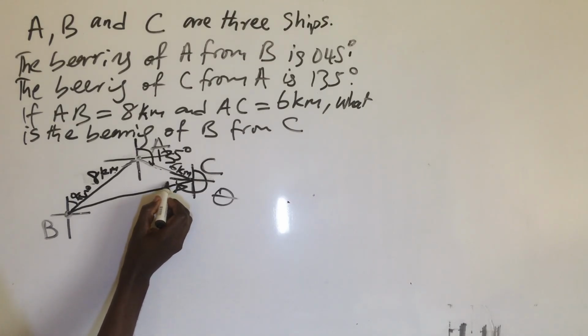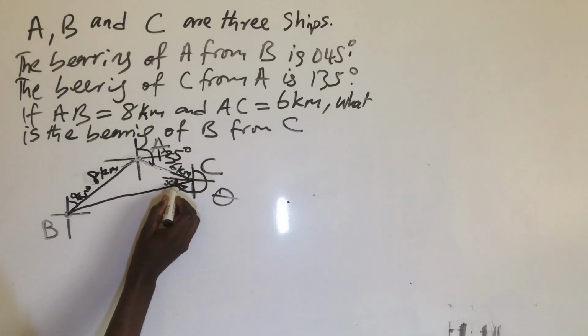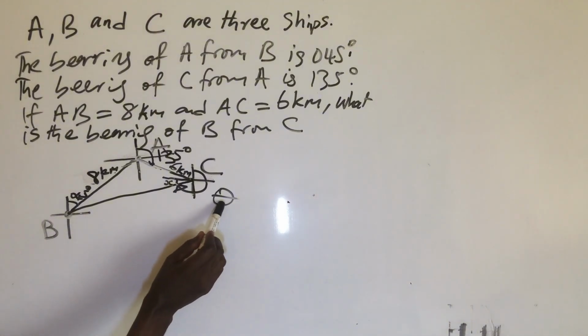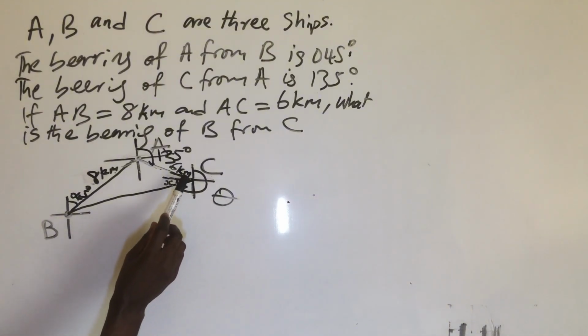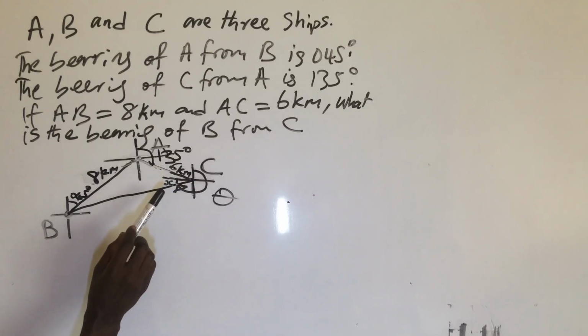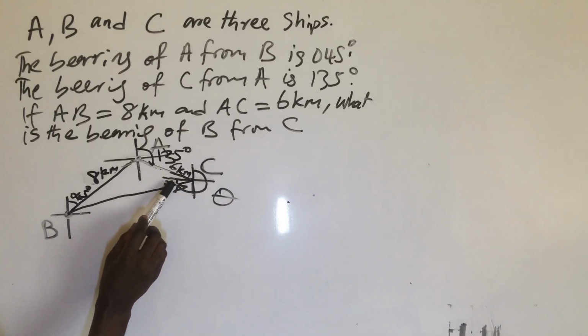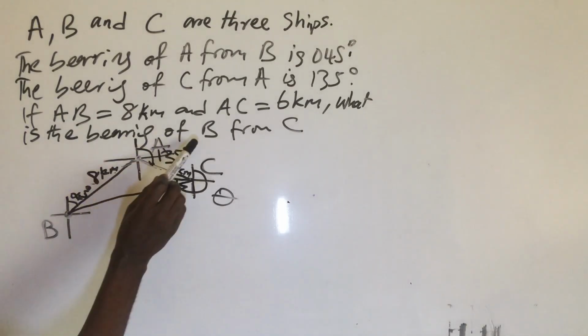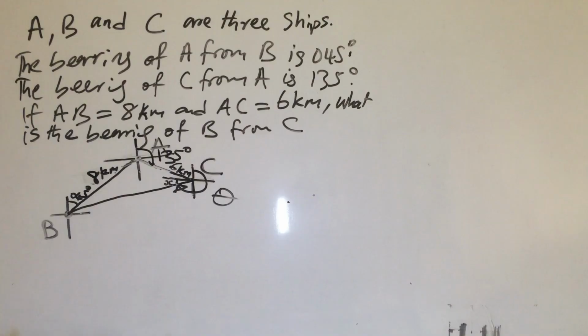If we can get this angle here, let's name it X, then we can find this one, because from here to here is 270. We now subtract this X from 270. Now it has given us the bearing of B from C. So that is the calculation we will do now, okay?